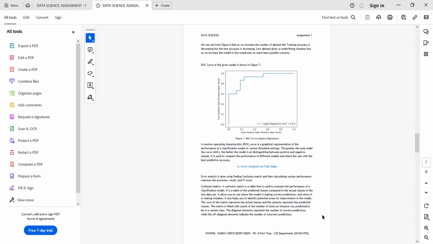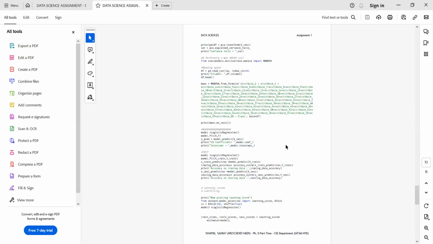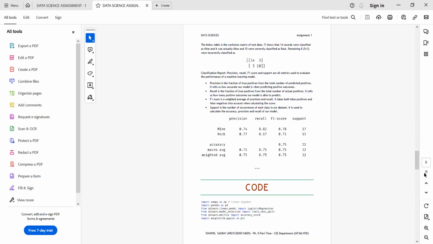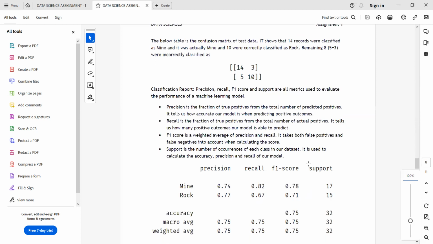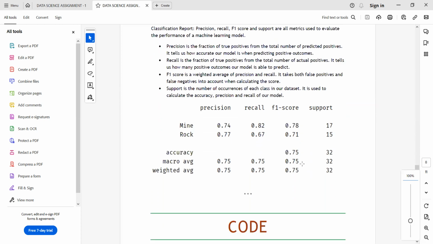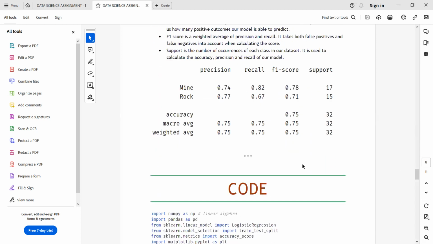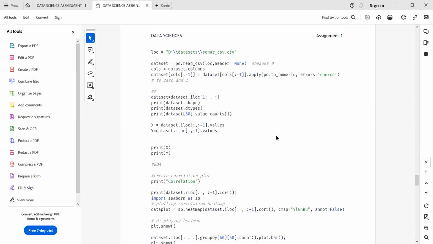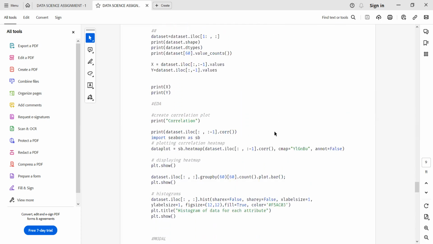Can you see the code? So accuracy is 75% here. This is the entire code.